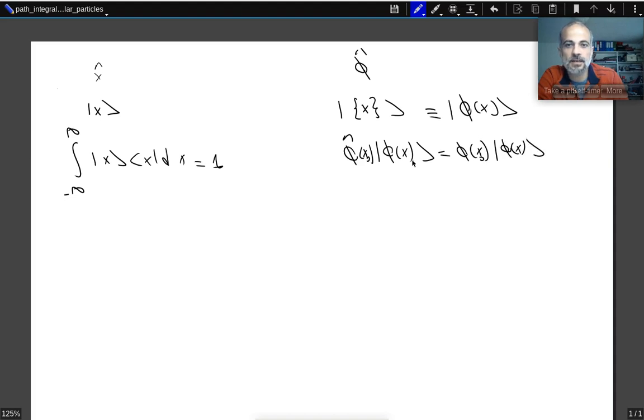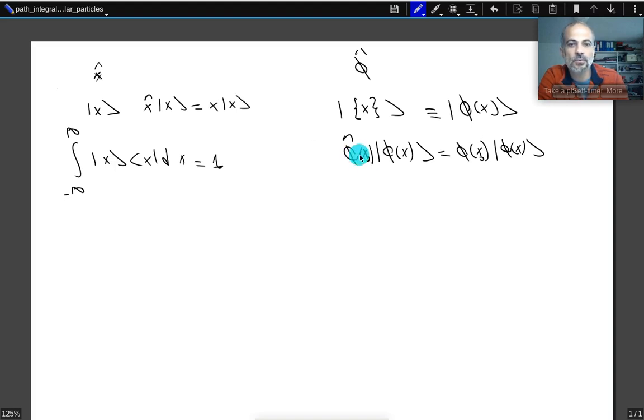Keep in mind that this phi of x labeling the ket is mainly a collection of various quantum numbers at every point. And this field is the analog of the position operator at the point x0. So it just extracts the value of the position at the point x0. And this is analogous to what we had over here. This x operator acting on this ket gives us x of x.